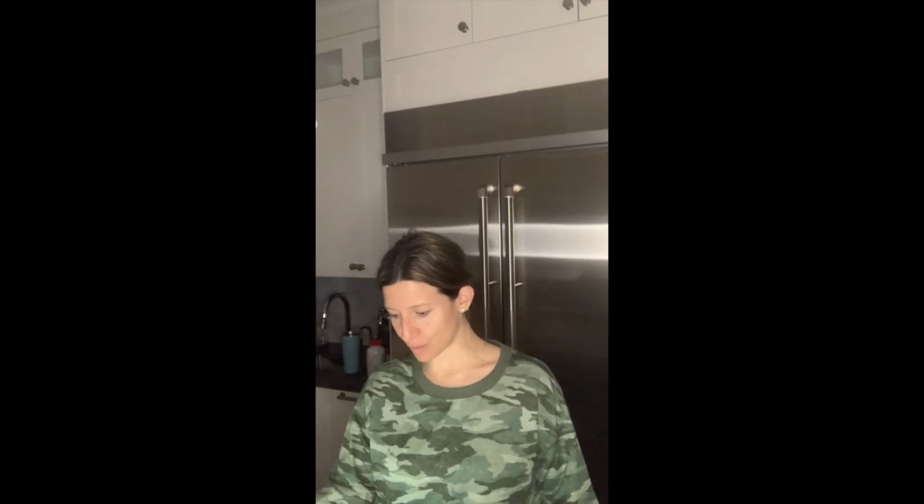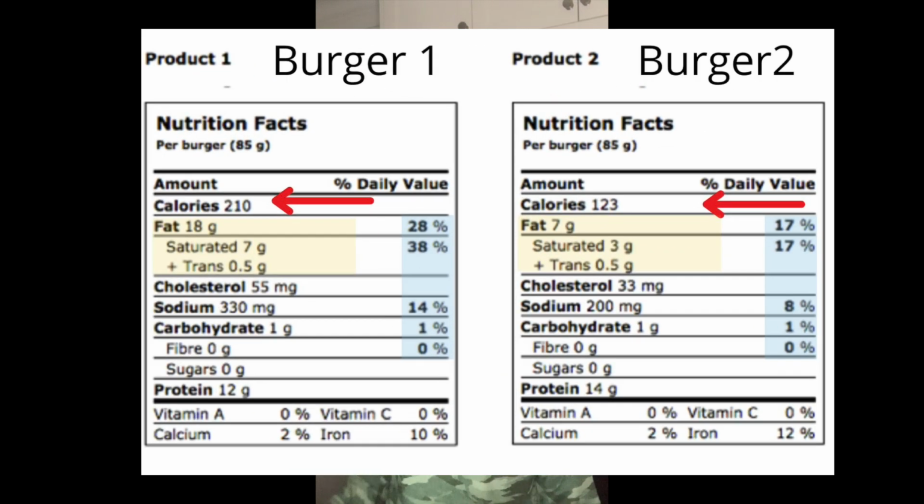Let's look at these 2 burgers. We can compare these 2 labels and gain a better sense of which product is a healthier choice. The first one and the second one have the same serving size. Product 1 has 210 calories, product 2 only has 123. Let's look at the percent daily value. For burger 1, if we quickly scan through, we see what it's high in and what it's low in.